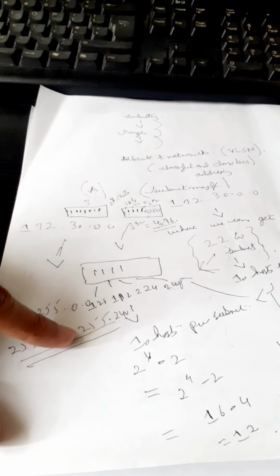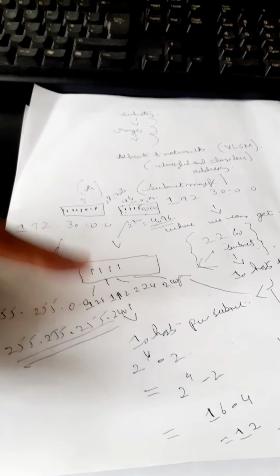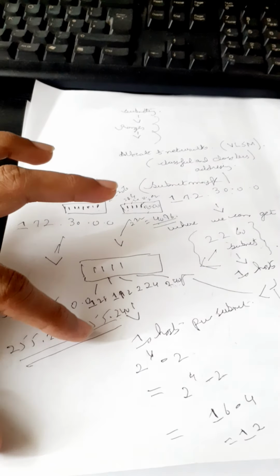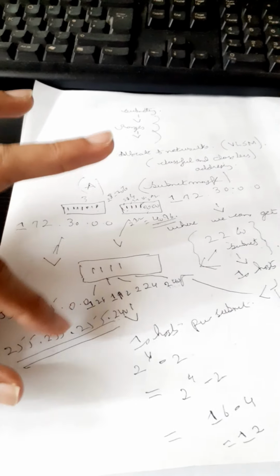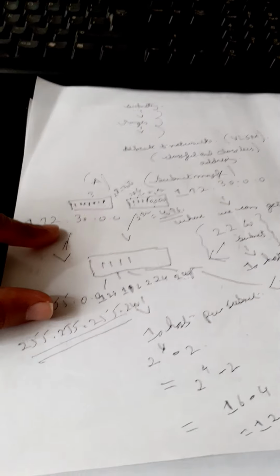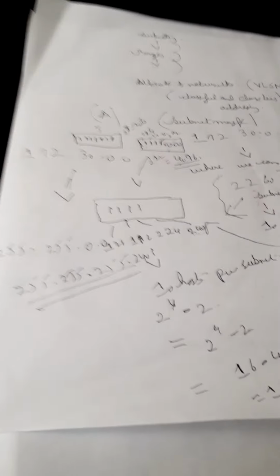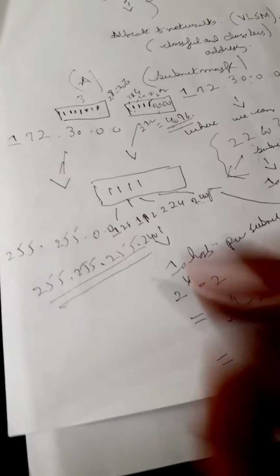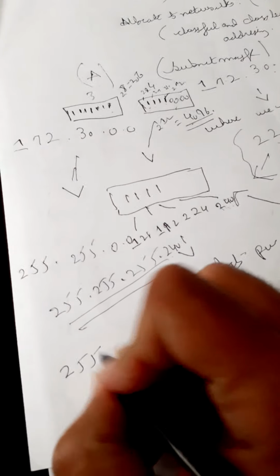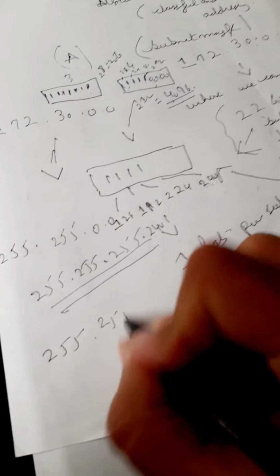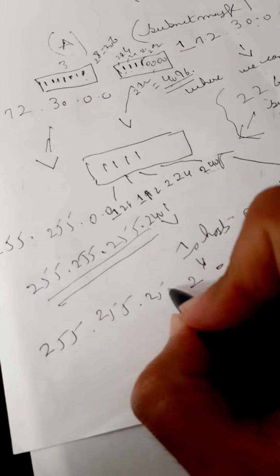And I repeat, this is not a class B network mask. This is a class C subnet mask that we have used with class B here. So just to cut it short, this is our answer. And I repeat, this is a class C subnet mask.